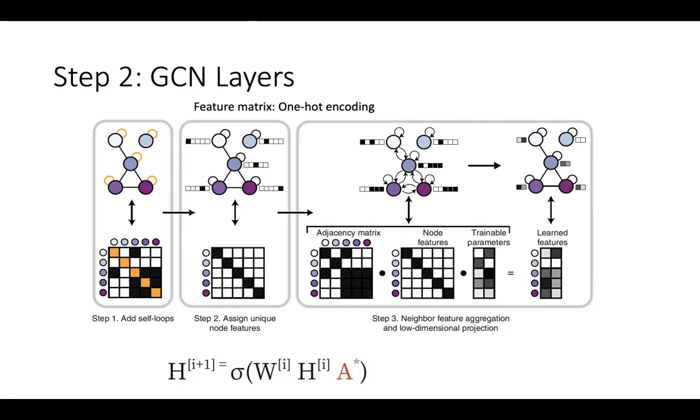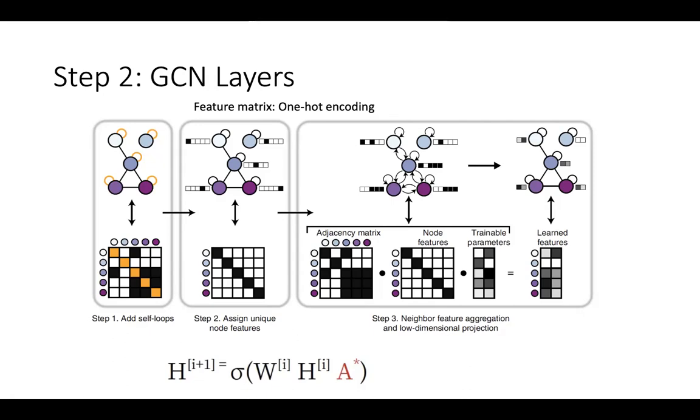The Laplacian matrix. If you don't add it, that means when you try to update the embedding for the node, you do not consider yourself. But in reality, yourself is the most informative information that you can leverage. So that's why you need to add the self loop.